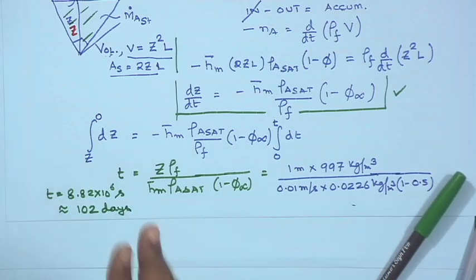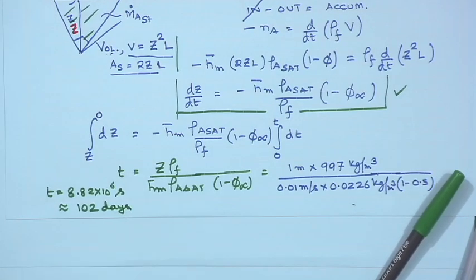So, in order to evaporate the water present in the channel whose initial depth was 1 meter, it would require, for the flow conditions stated here, approximately 102 days to evaporate completely. And so, we have seen the steps one has to follow in order to solve such a problem. The first step is to find out the Reynolds number and decide on the correlation to be used.